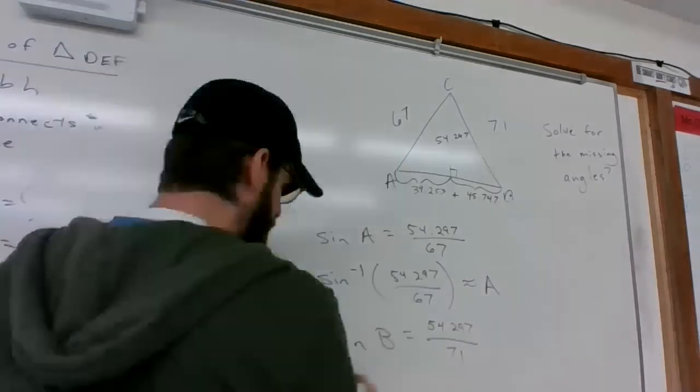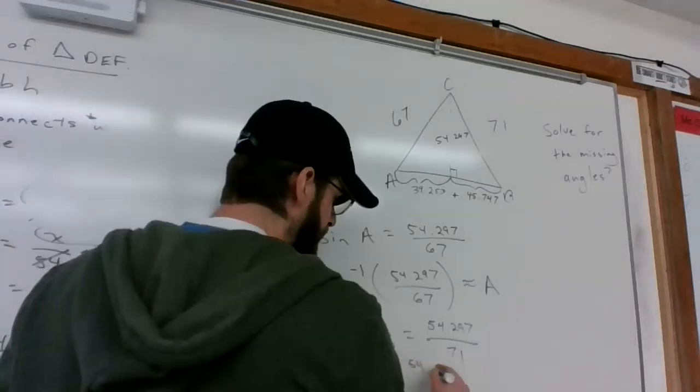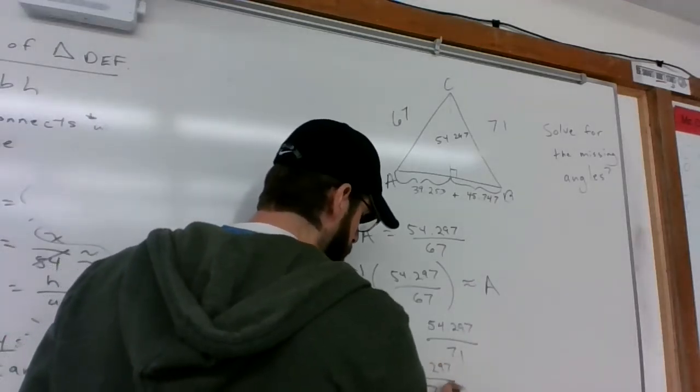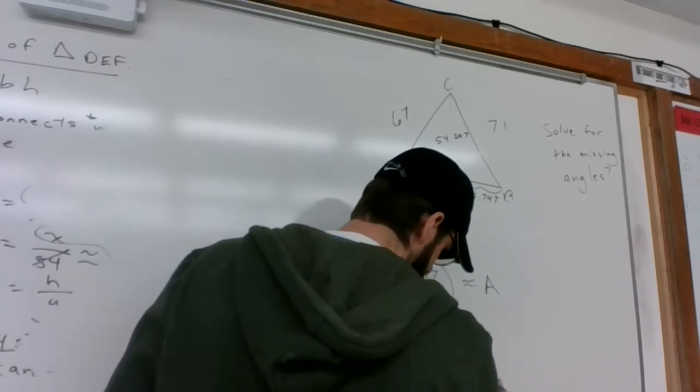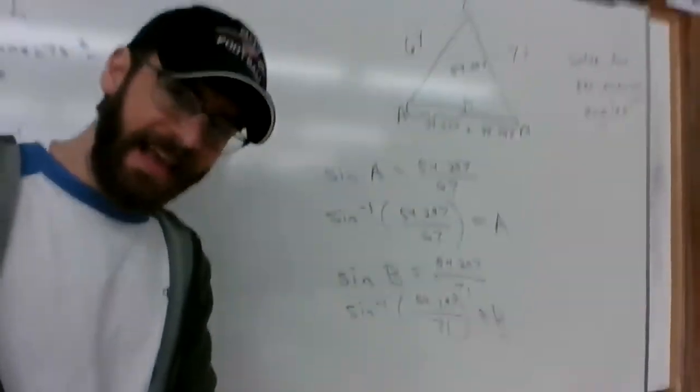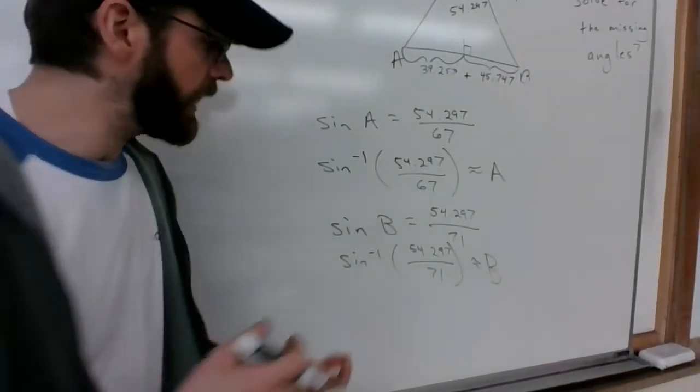Then you sine inverse that thing to get the measure of angle B, approximately. And when I say A, I mean the measure of angle A.